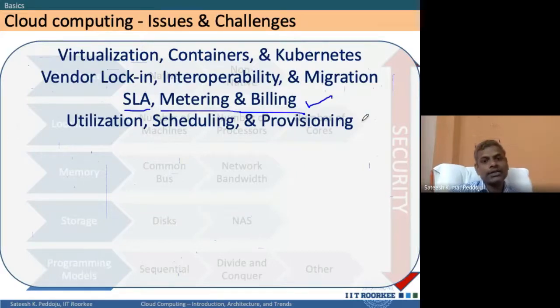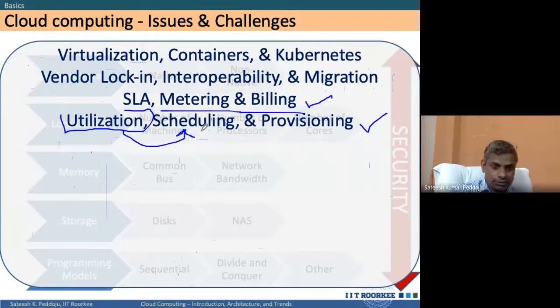The next important concern, as I mentioned, is utilization of the resources. Resource utilization is one of the primary concerns in your cloud environment. This is possible when you properly schedule the resources to different workloads. After scheduling, these resources must be provisioned to the users.